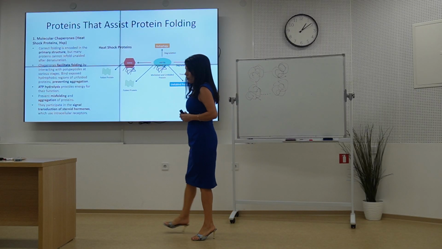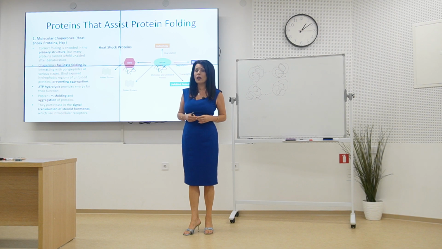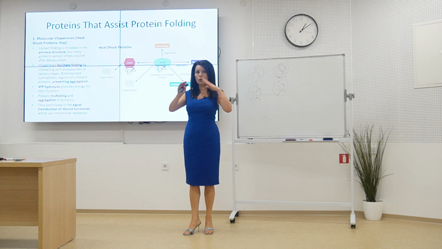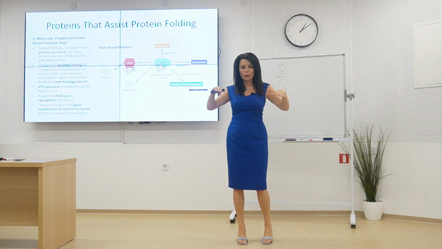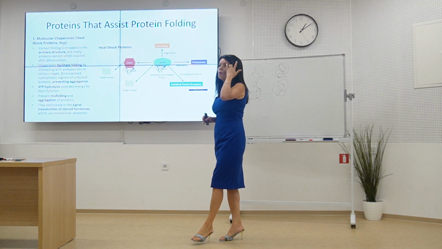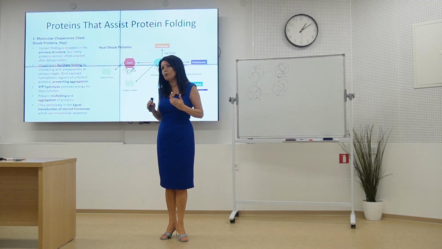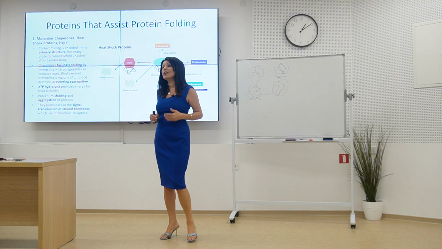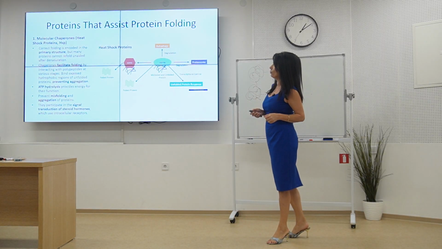Sometimes, if there is a different denaturing agent, the proteins can undergo misfolding and disruption of the polypeptide chains. For that reason, in our body, we have mechanisms to maintain the correct folding of polypeptide chains, the correct folding of proteins. Which are these mechanisms that assist protein folding?